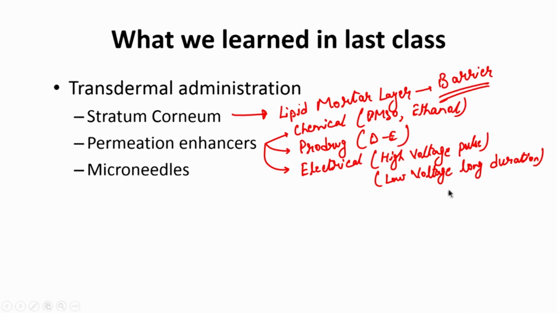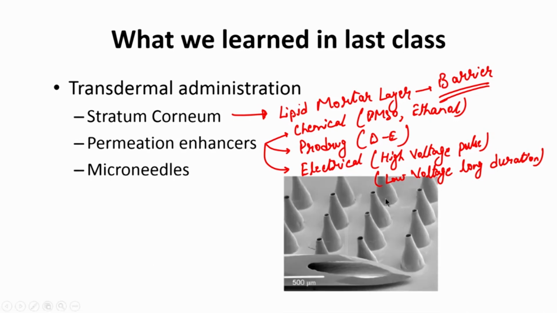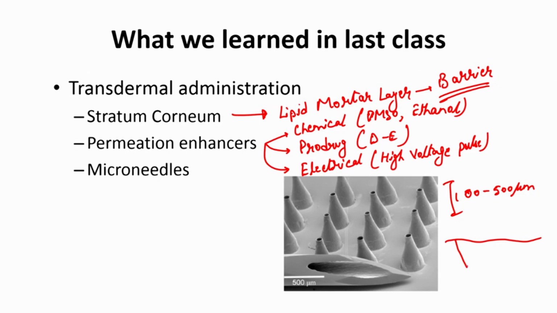And then towards the end we discussed microneedles. So, it is one of the approaches where you make these needles in a very small dimension, anywhere between 50 to 500 micron, and what is seen when you make these needles of this size range is, if let us say this is the skin surface, you are able to penetrate through the skin through this barrier of lipid and mortar layer, but you are still further above the blood vessels and the nerves.